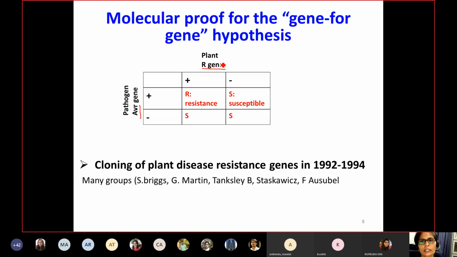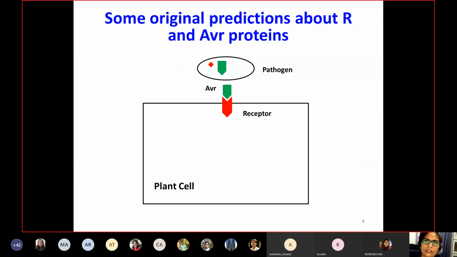Now, according to many scientists, from their prediction, they were thinking about how these two, AVR and the R gene, must be working together.